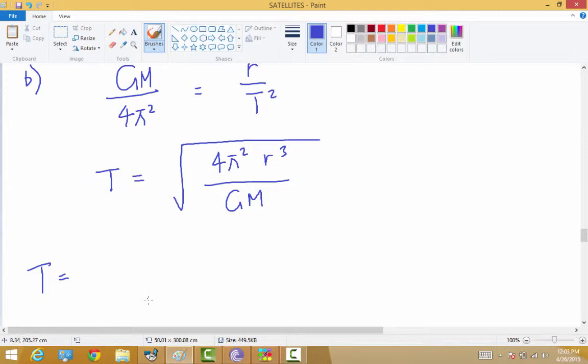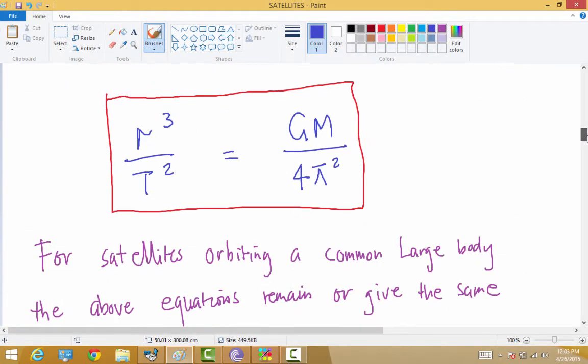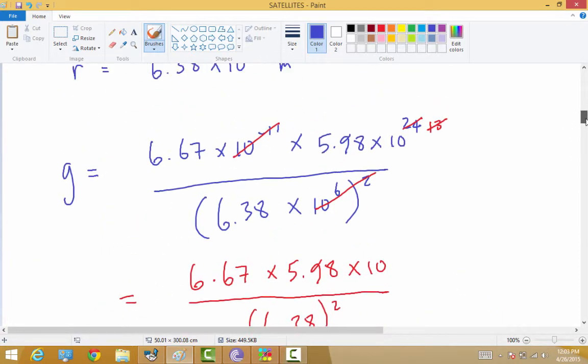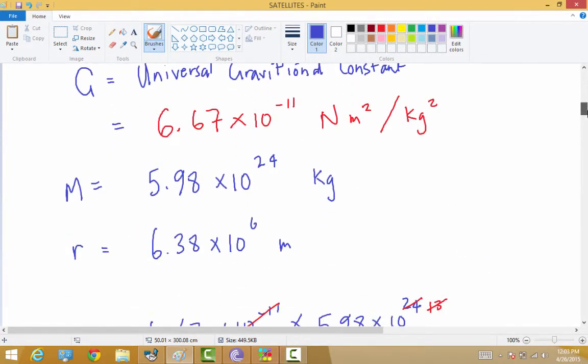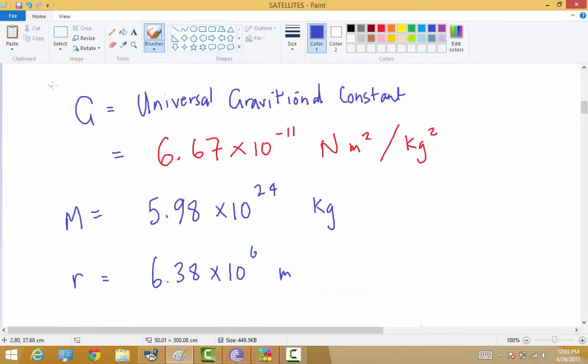We need the value of G, the value of M and the value of R. I wrote those down before, except the value of R, which we don't know. Okay, yes, so we have those values. I'll just copy these values down.